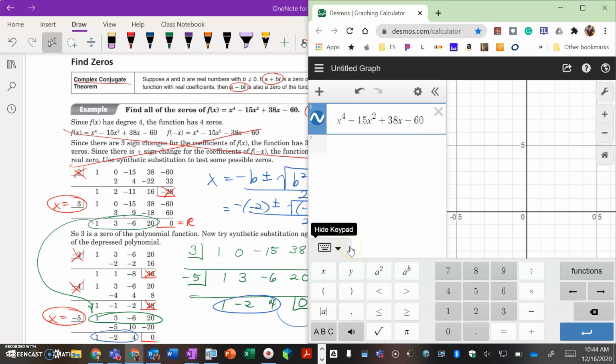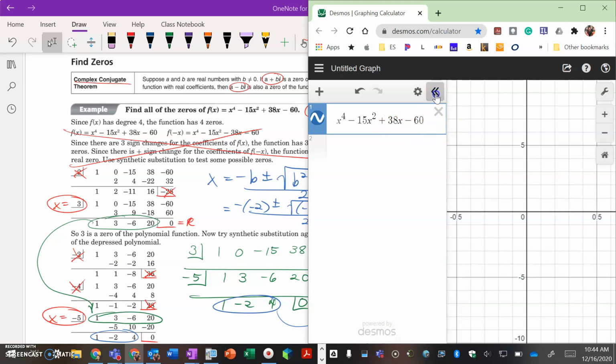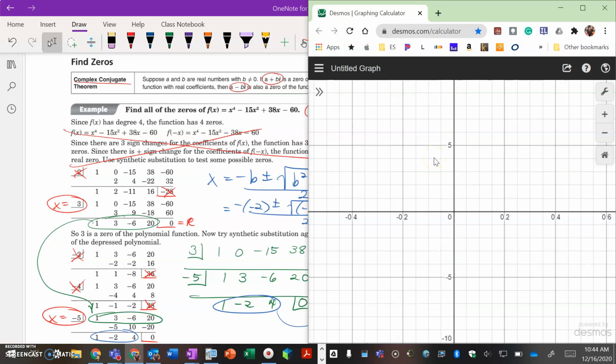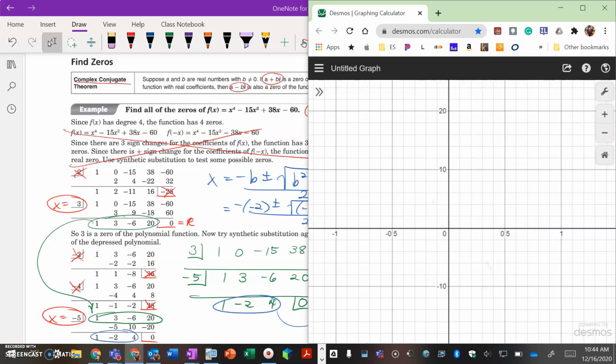If you front load your problems, when you do that, you'll be able to see where in fact the function crosses the x-axis, if it even crosses the x-axis. So again, 1x to the 4th minus 15x squared plus 38x minus 60. So let's take a look, see what we have here.